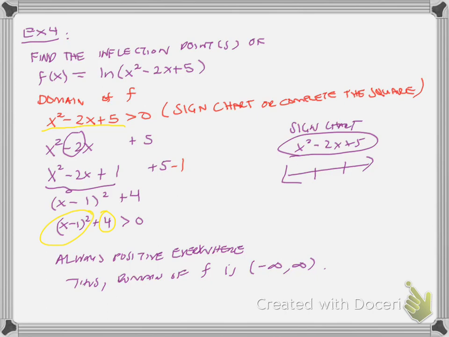If it was a quadratic that you could factor, I would say just use a sign chart. But if it's not easily factorable, then completing the square will help you determine where the values will be positive. You may have something like this on your homework, so I wanted to show you that.